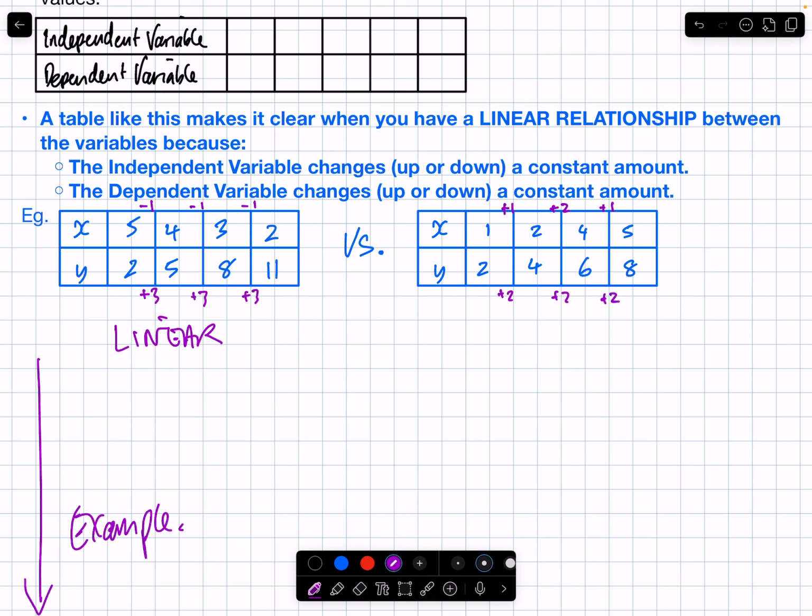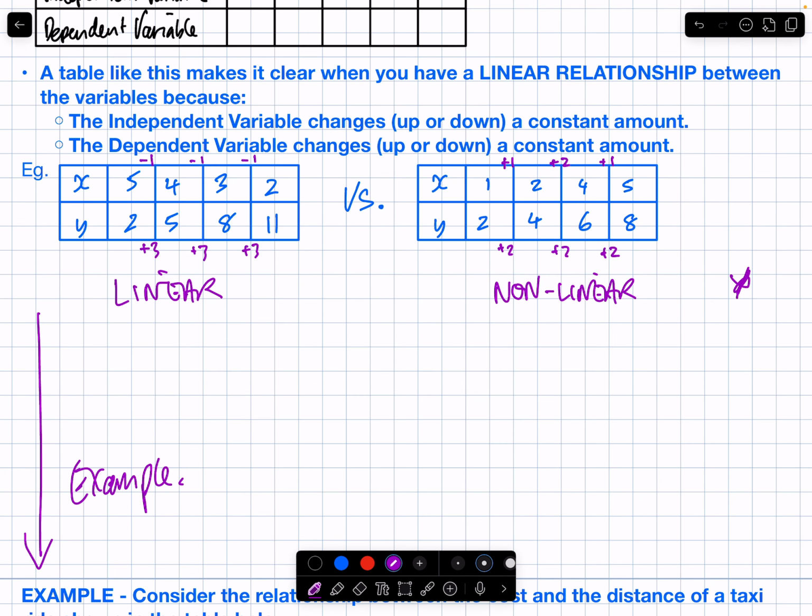Even though the y variables look like they're going up linearly, both x and y have to go up by the same amount each time, and this didn't go up by the same amount each time, so this would be non-linear. So again, another opportunity to pause and get that set of notes down and the two tables.